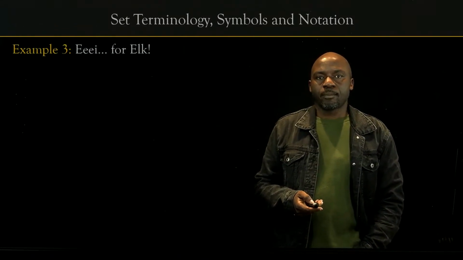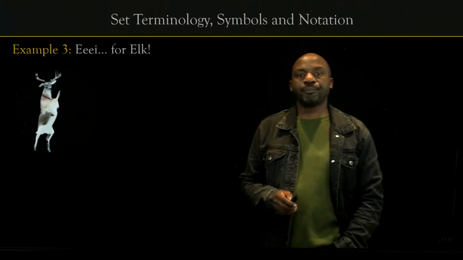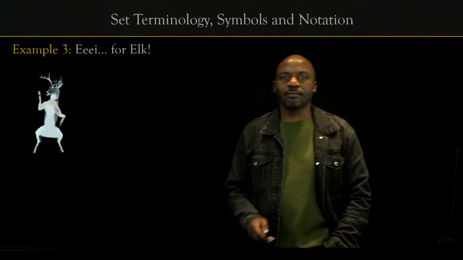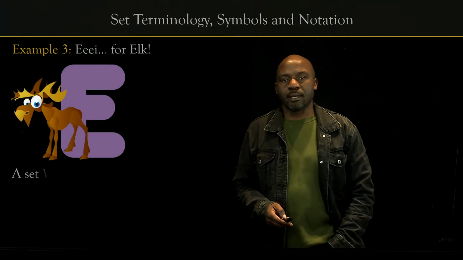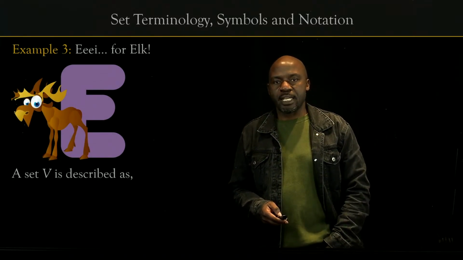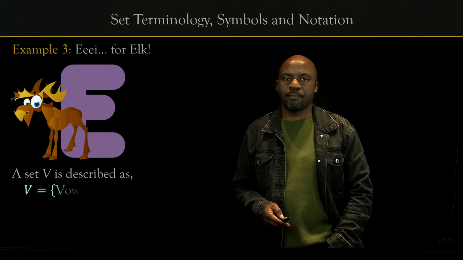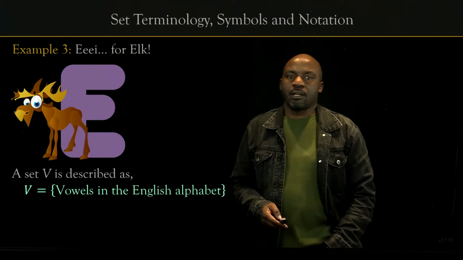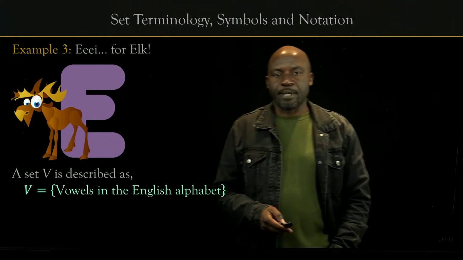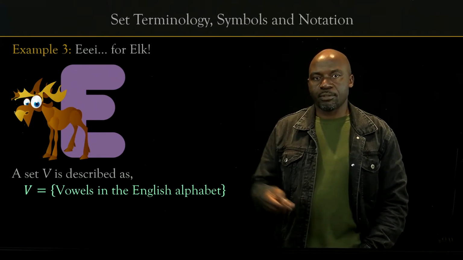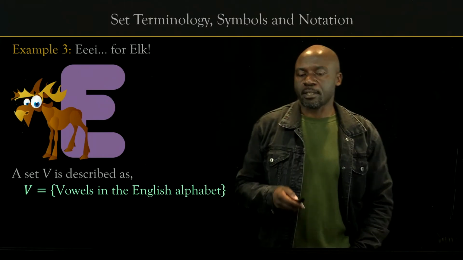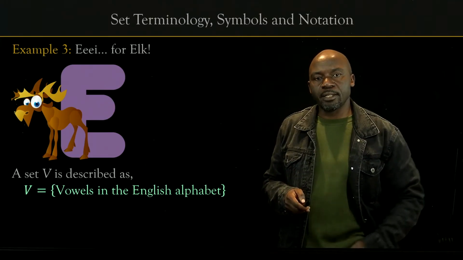Let's move on. Here's another example. Yeah, there is an elk having fun. And here's my example. A set V is described as vowels in the English alphabet. So that is the set V. So E for elk is a vowel in the English alphabet.